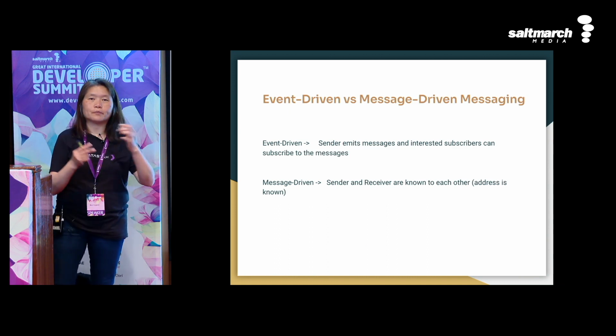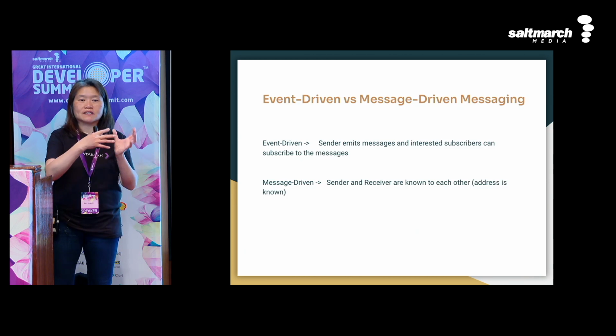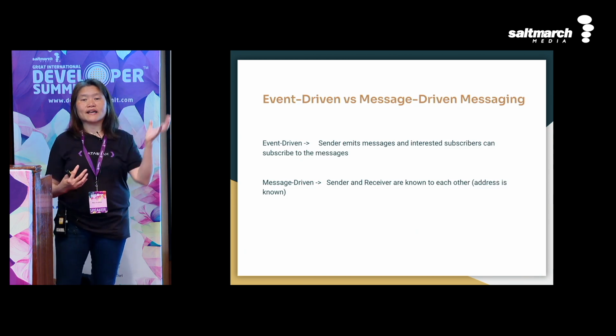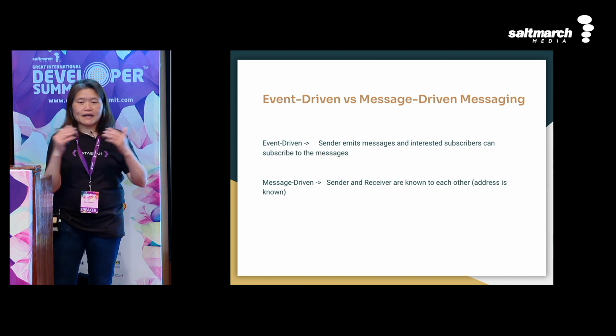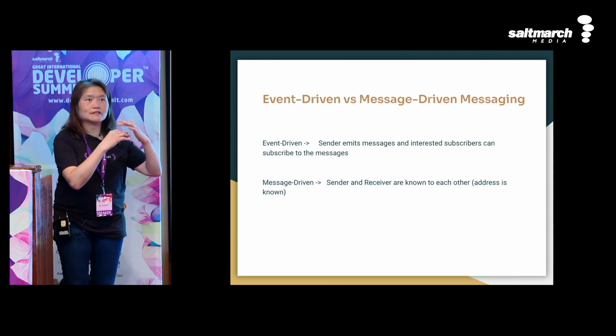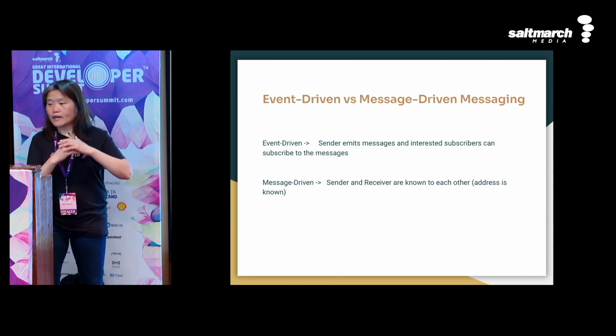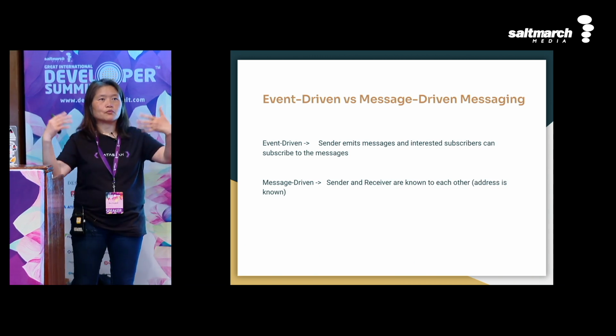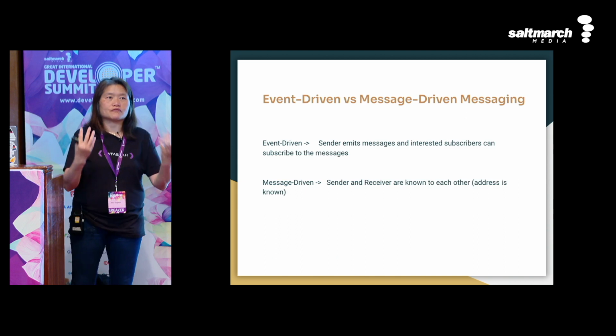The broker is responsible for receiving the messages and managing them for you. The producer only sends the messages, and it only cares about that. The brokers talk to each other, making sure the messages get delivered and received correctly. So sender and receiver not knowing each other is the pub-sub way, which we describe as event-driven messaging.